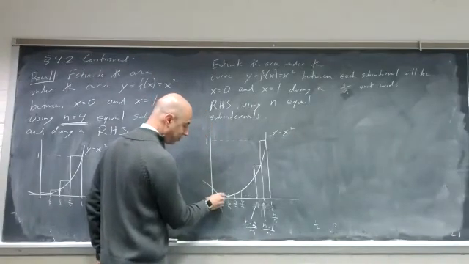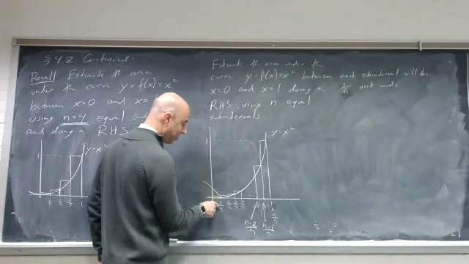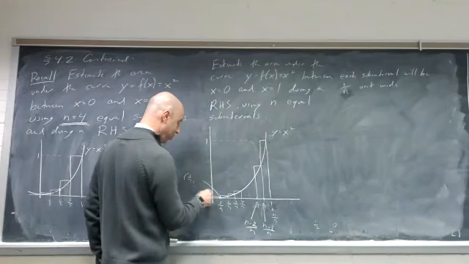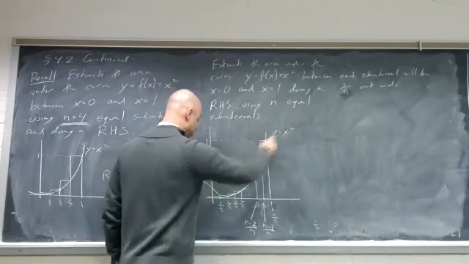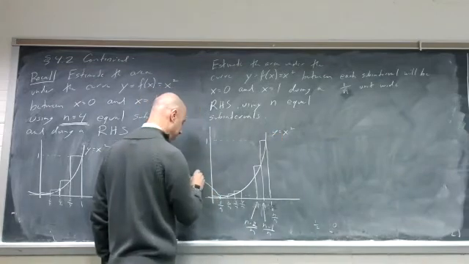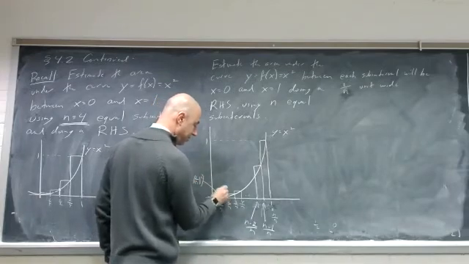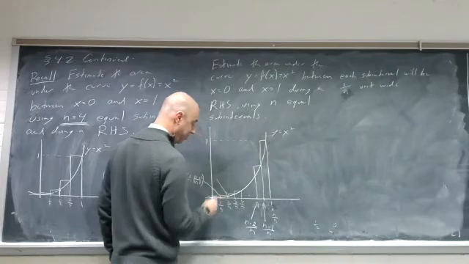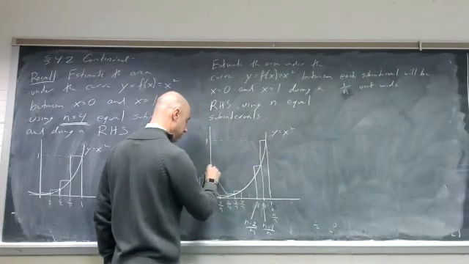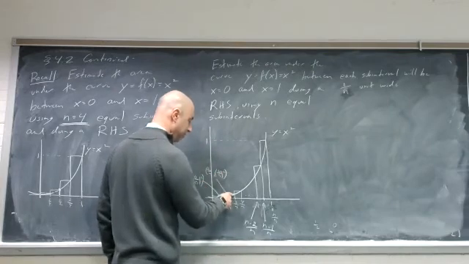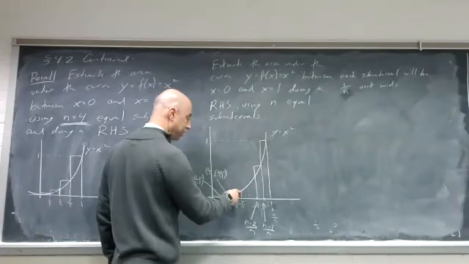The first rectangle touches the curve on its right-hand side at 1/n. So its y coordinate is going to be the square of its x coordinate, 1/n squared. The second rectangle touches the curve at x equals 2/n. So its y coordinate is going to be 2 over n squared, 3 over n squared, 4 over n squared.